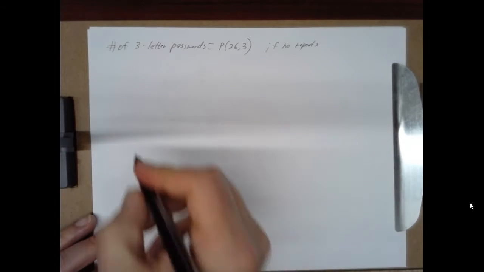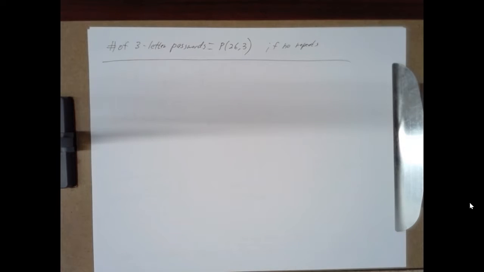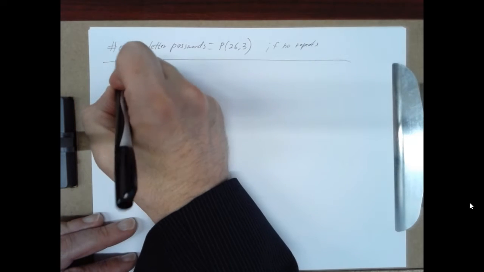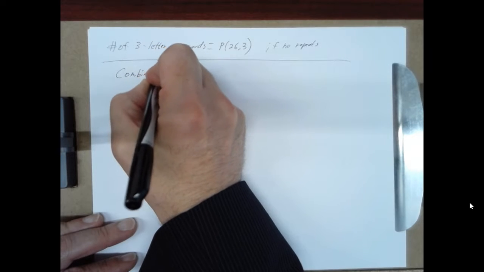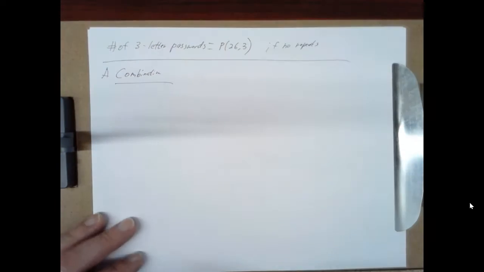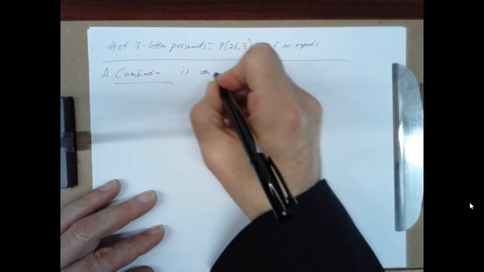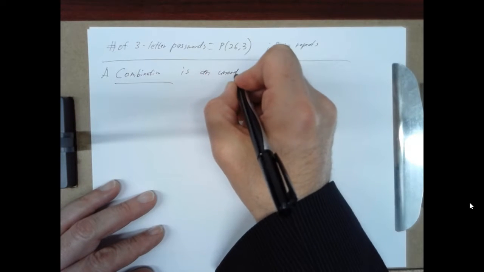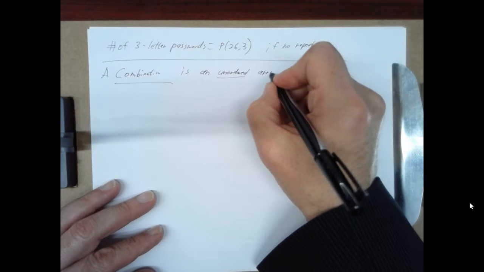All right, so those are permutations. They're ordered, right? So the other concept is a combination. So a combination is an unordered arrangement.